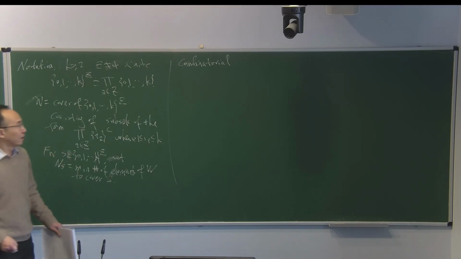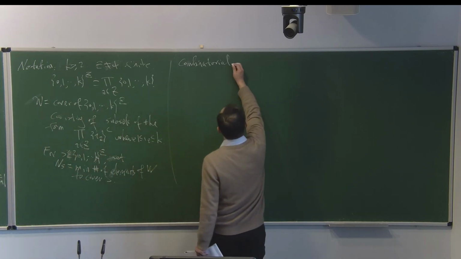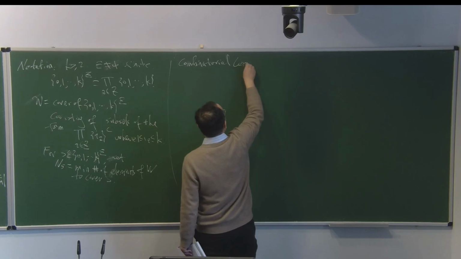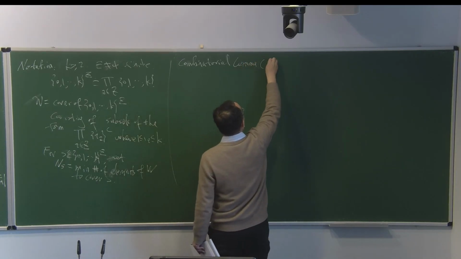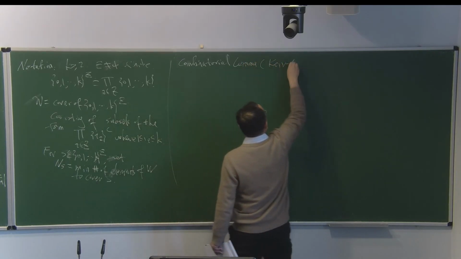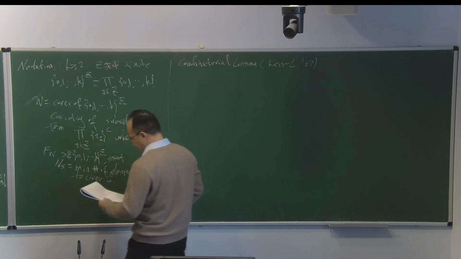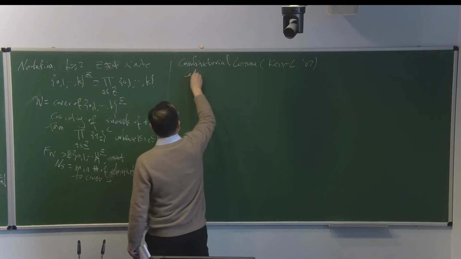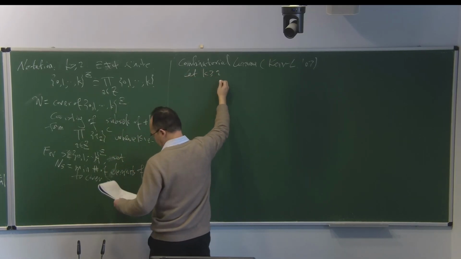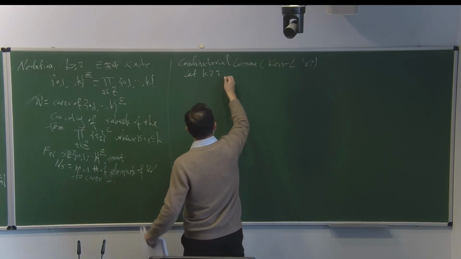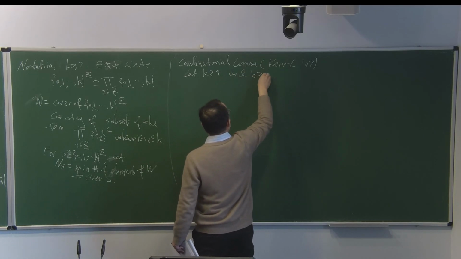Right. Now we can state the combinatorial lemma. This says that let k be at least 2 and b be positive.